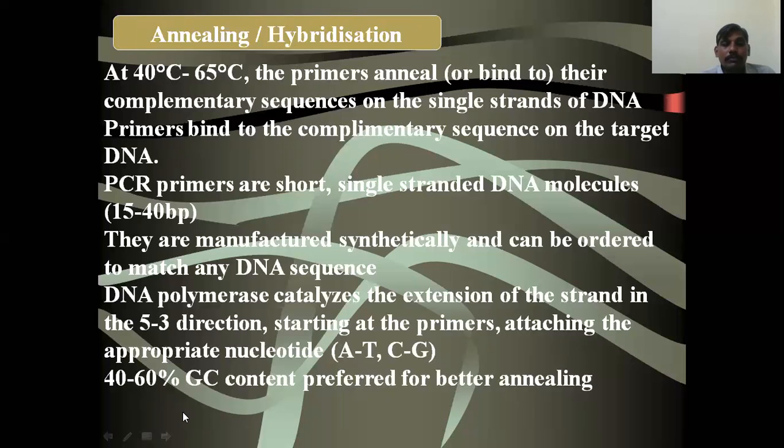In the primers, a 40 to 60% guanine-cytosine ratio is preferred for better annealing. The GC content is generally higher in primers because there are three hydrogen bonds between G and C, so they attach perfectly to the flanks of the DNA molecule.